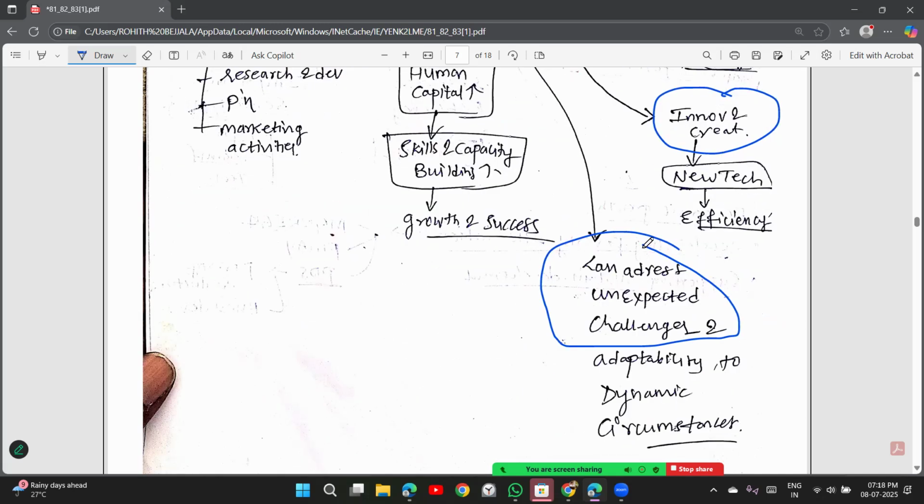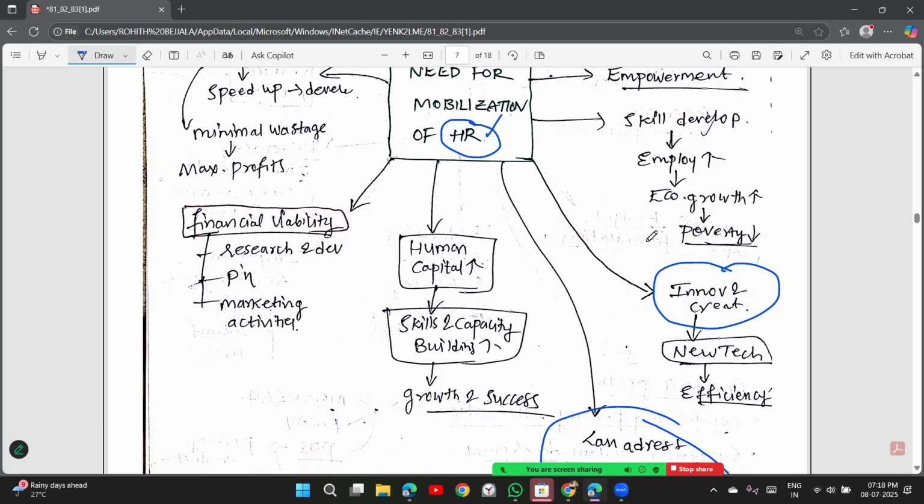For example, in COVID time, there were vaccine companies like Bharat and other vaccine companies. They are private companies, but when challenges came, they created certain things to combat the COVID pandemic.